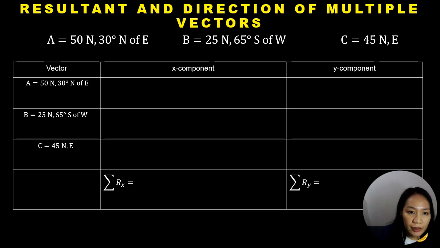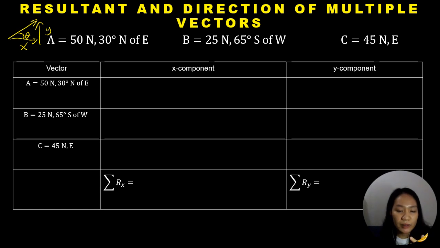Following the method we did in the first video, the horizontal component is on the adjacent side of the angle and the y component is on the opposite. That means we can use cosine again for our x component and sine for the y component.